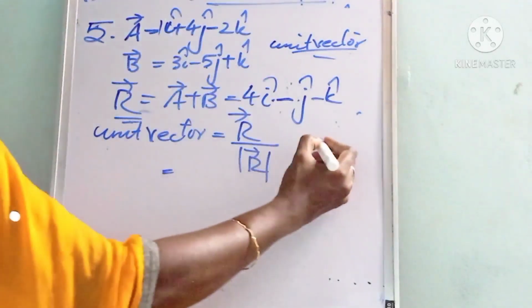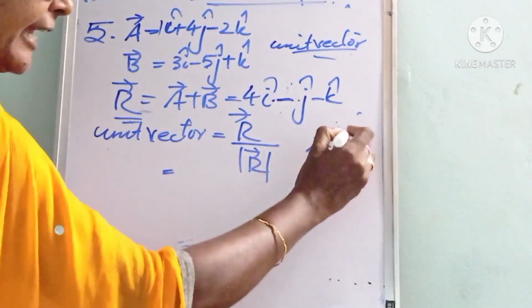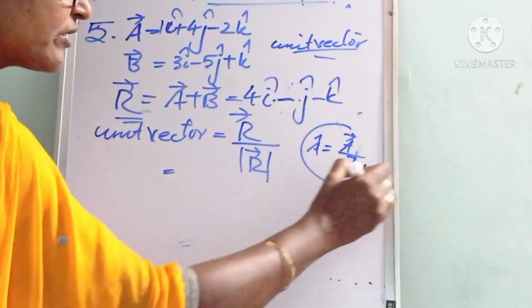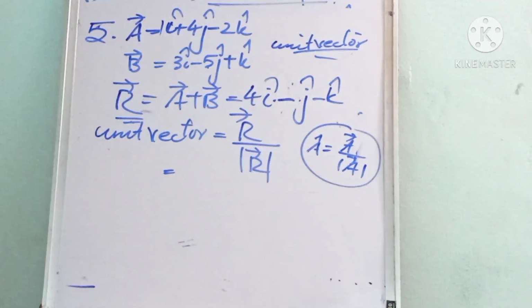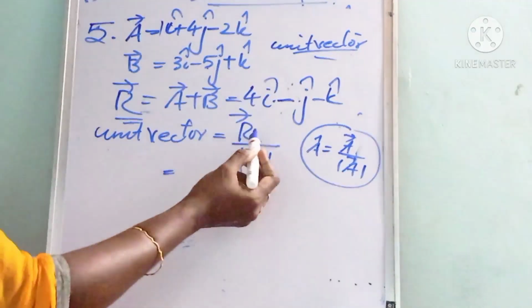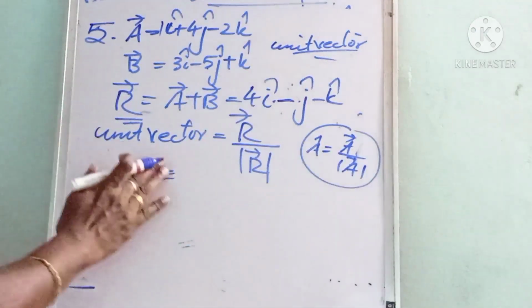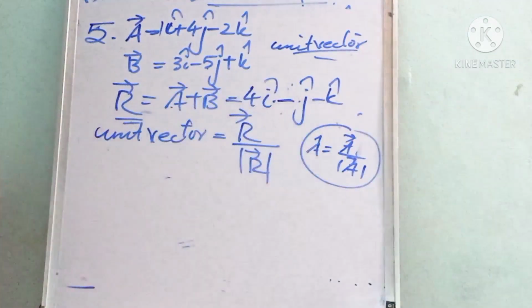Generally, you already learned the unit vector A cap is equal to vector A divided by modulus of vector A. That is the equation for unit vector. Here the vector is R, that is the only difference. So unit vector is equal to vector R divided by modulus of R. Vector R is 4i minus j minus k.